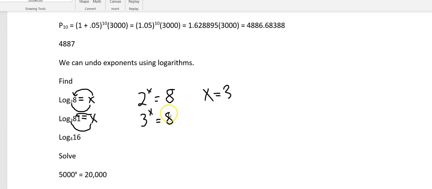So what I want to think about is how many times I've got to multiply 3 in order to get 81. Well, 3 times 3 is 9. Times 3 again is 27. Times 3 again is 81. So 3 times 3 times 3 times 3, 4 times. So x is 4.